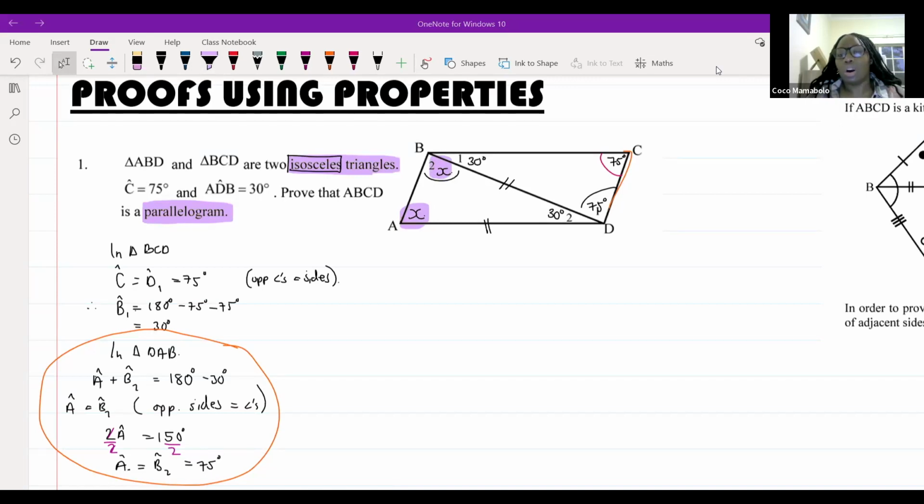Okay, cool. All right, so because the angles are both equal to each other, we can call both of them X, right? So what I'm going to do now is add up all the interior angles of my triangle. And I know that the interior angles of a triangle must equal 180 degrees, right? So if I set up my equation, in triangle DAB, I'm going to say X plus X plus 30 degrees is equal to 180 degrees, the interior angles of a triangle.